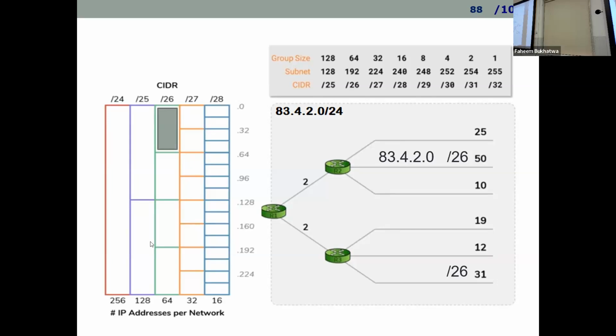Subnet 2. What's the second network you're going to put here? 40, 16, or 5? It's the 40. So where would you fit it up here? Yeah, so it's going to be a /26.